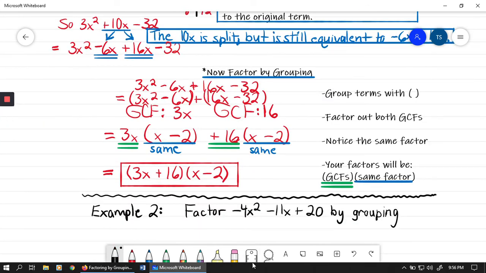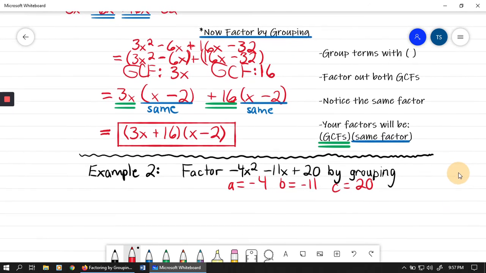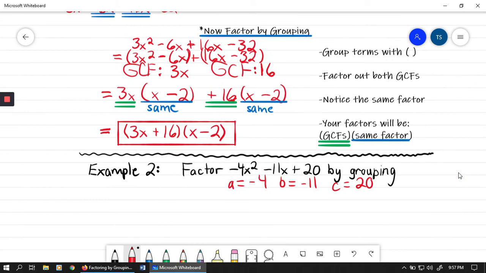Okay, so let's work this out here. If we're going to factor this by grouping, we know that the first step, after we've identified your A, B, and C, where A is -4, B is -11, and C is 20, is that we multiply A times C, and we have to find factors of that number.